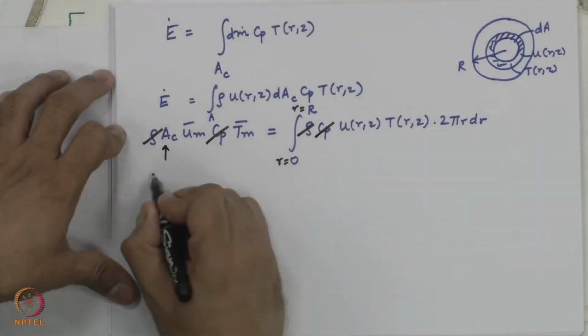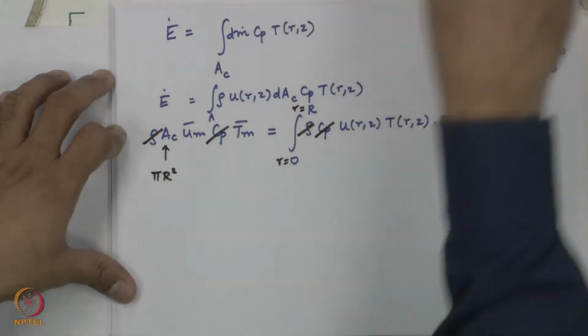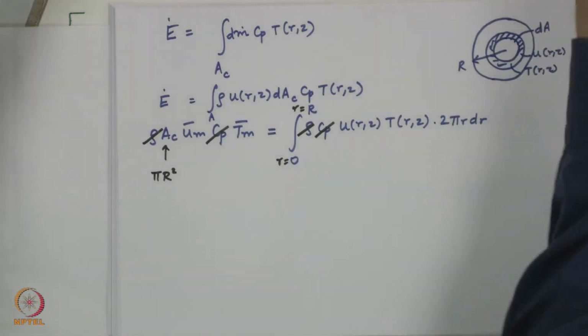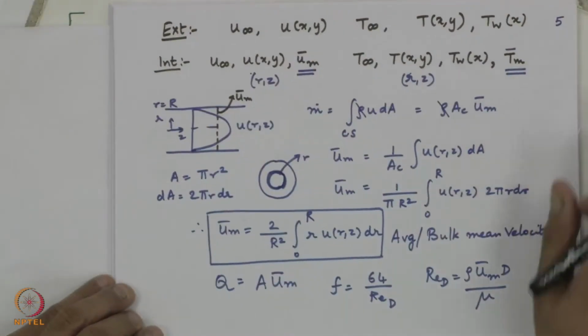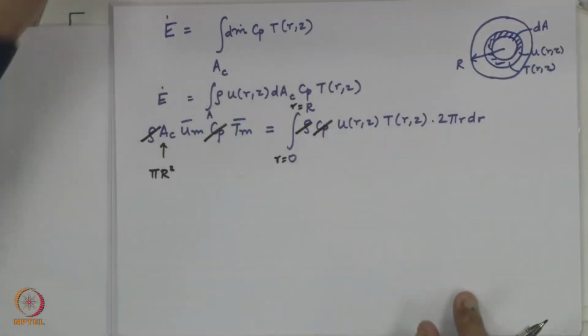This would be pi capital R squared. I have defined average velocity before in the earlier set of slides. This is my average velocity, slide number 5 earlier in the module. So, this would be a number, or I can also substitute for this directly.